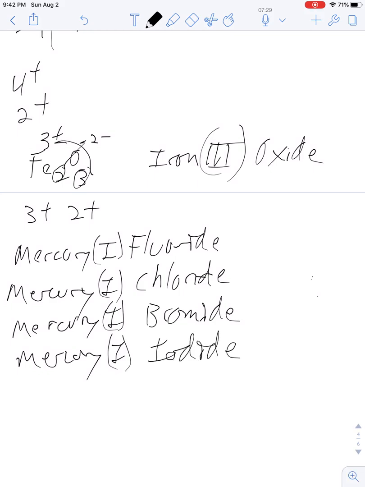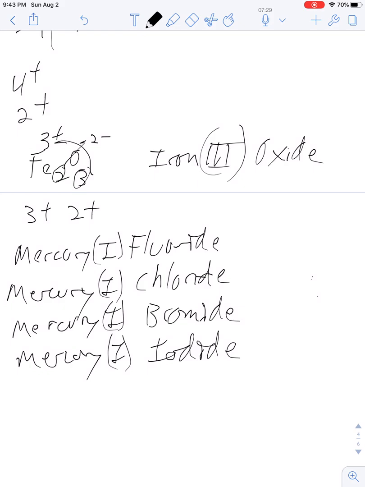So mercury 1 only exists when it's bonded to fluorine, chlorine, bromine, and iodine. Why? We won't get into that, but these mercury compounds are actually kind of important compounds. So you should be aware of mercury 1, but it only bonds with those 4.